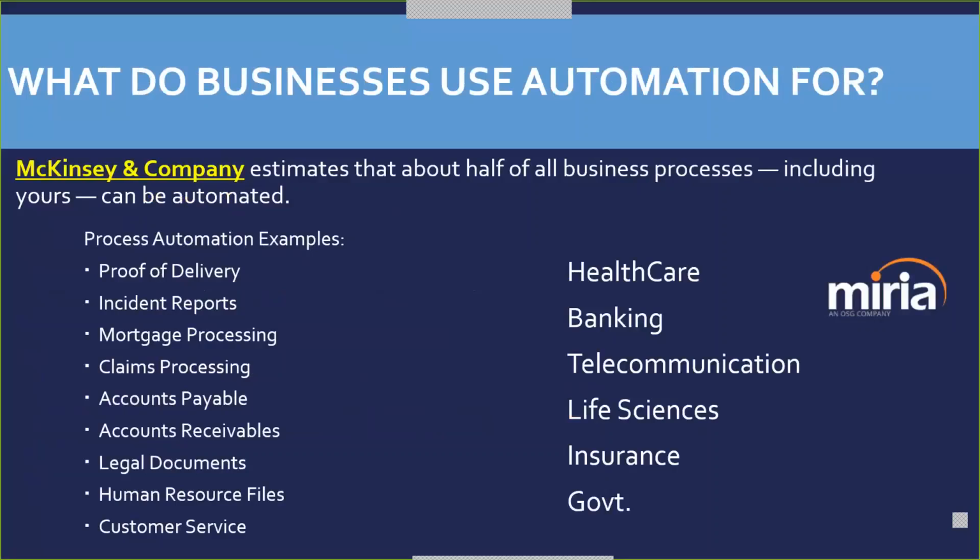Whether that's in healthcare or banking or life sciences or insurance or government, wherever there are inbound documents with a process attached to it, and the need for research and analytics. McKinsey in this example says almost half of all your business processes require this type of automation, and it's something that can go across different departments and, quite frankly, across different industries.